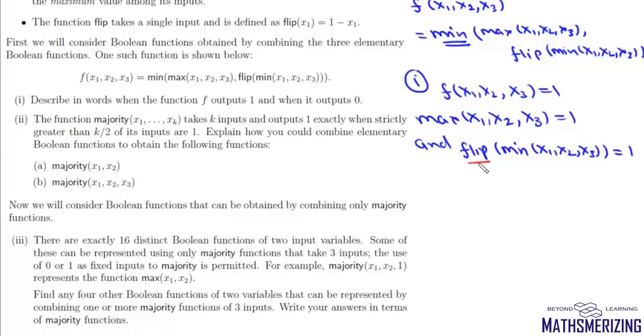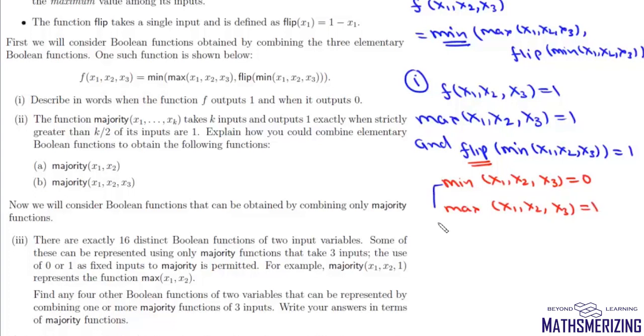Now flip simply flips the value. So that means minimum of x1, x2, x3 should be 0, and maximum of x1, x2, x3 should be 1.